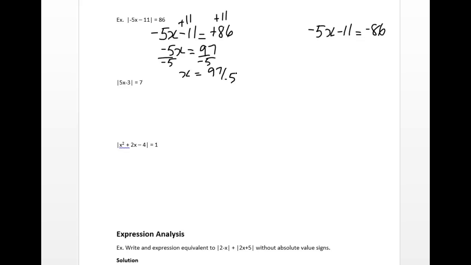I would leave it as a ridiculous fraction instead of decimals. Then if we do this one, you're adding the 11 over, and you have negative 5x is equal to negative 75. Divide by negative 5, and you're left with x is equal to 15.